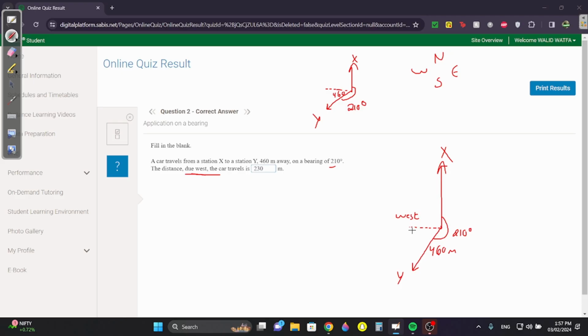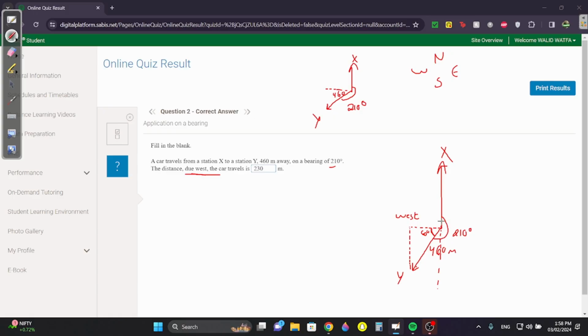The way you do it is you draw a triangle like this. If this angle is 210 degrees, you have to find this angle over here. This angle, it's going to be 60 degrees. Why is it going to be 60 degrees?